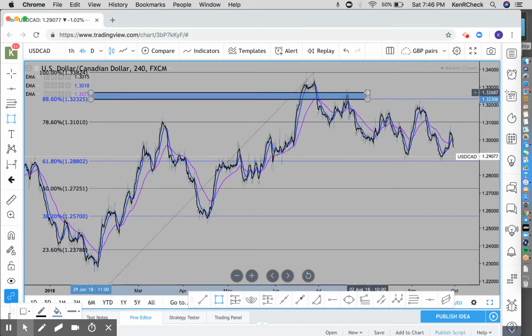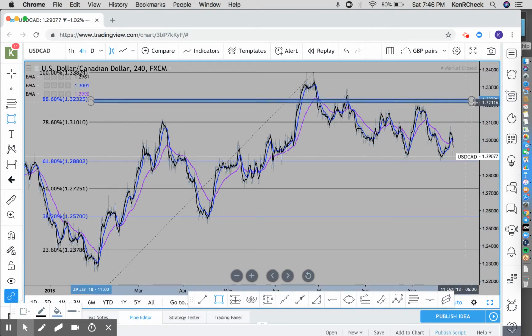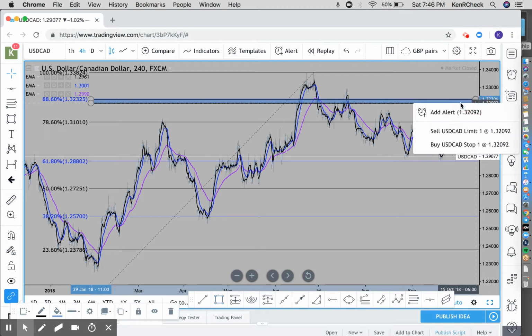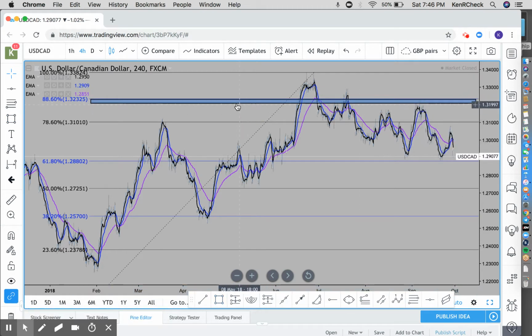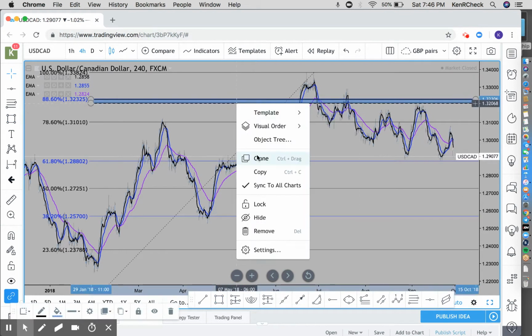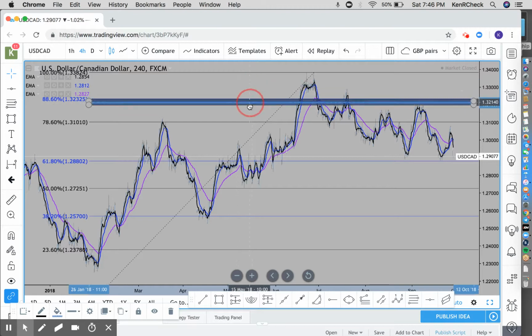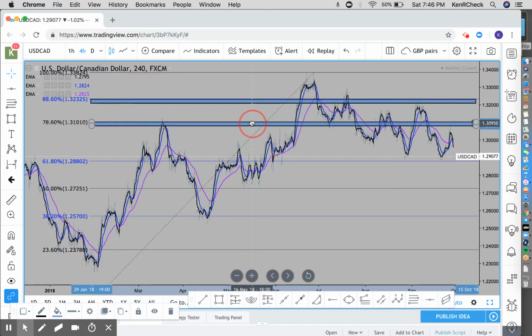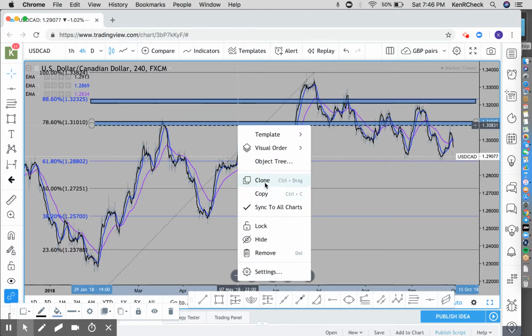So anytime I see all these, I put a rectangle. Perfect. Now I'm just cloning it. So these are my potential zones.